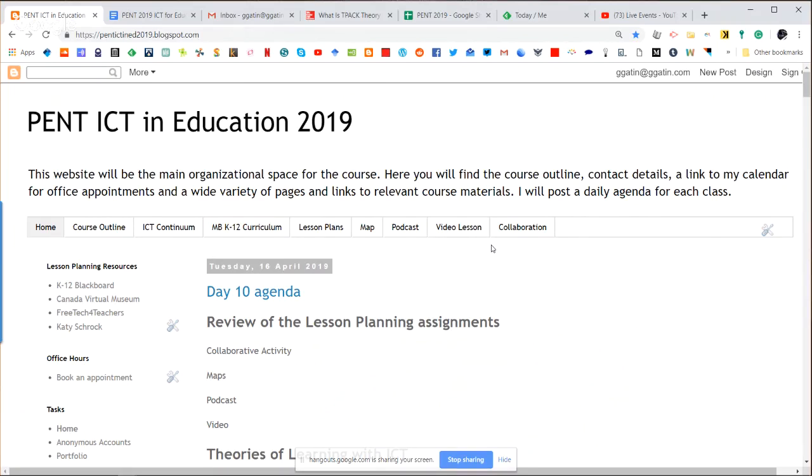So we've got to do a few things. We've got to use the ICT continuum to justify why I want to use this particular technology to teach this particular lesson. And as we've discussed, some things are better taught with video, and some might be better taught with podcasting. We were talking about some of the theories of learning, for example, learning styles.